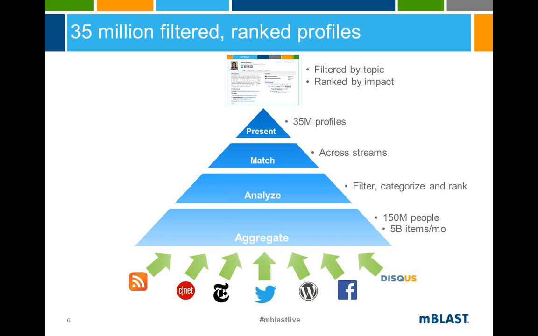And through that process of aggregating those 5 billion items every month, we then analyze them, so filter, categorize, and rank according to the 5 elements I spoke of, which are sentiment, topic, authority, reach, and resonance. But most importantly, we match that content to people across streams.